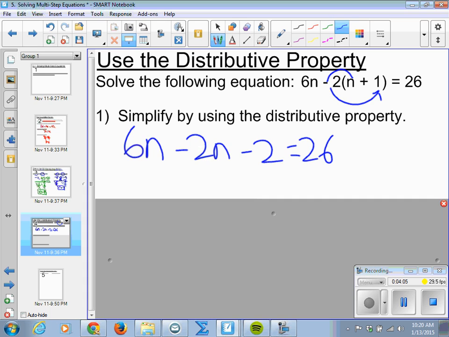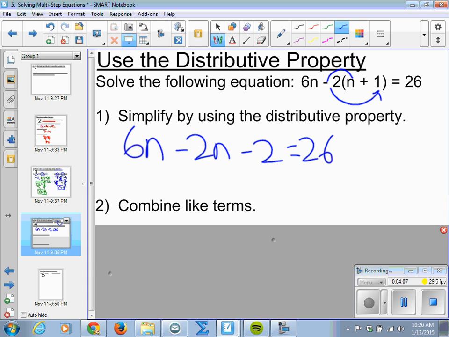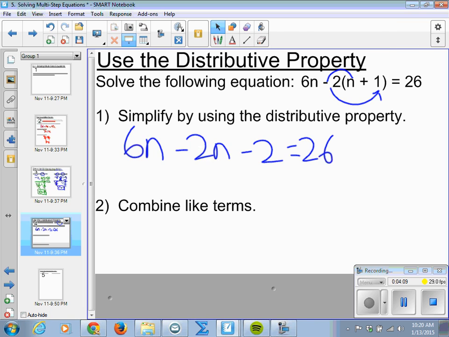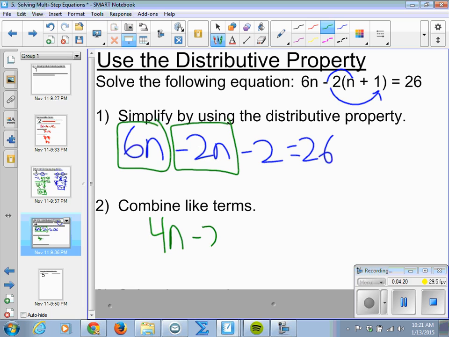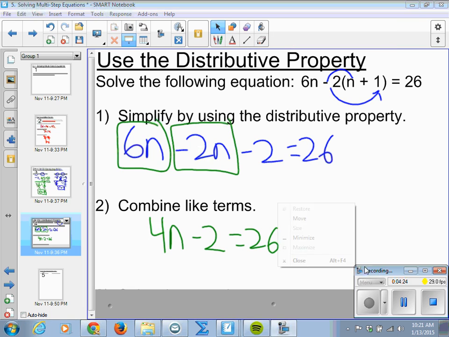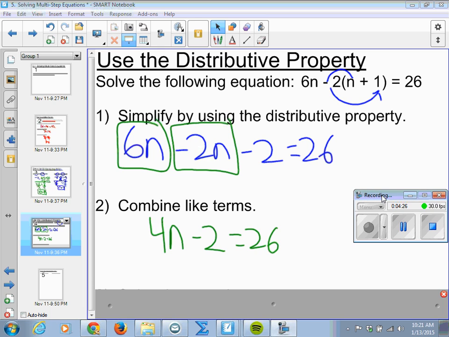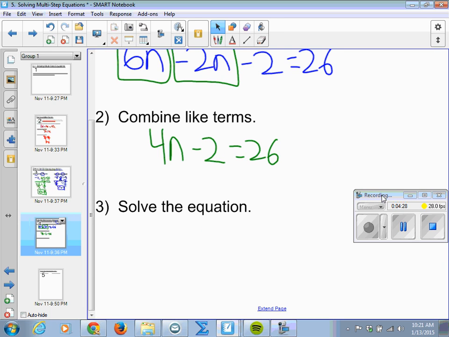So now we're here, and we're going to combine our like terms. So 6n's alike, negative 2n is like that, 6n as well. Combine them to give ourselves 4n, and minus 2 equals 26. And from there, we just solve the equation.